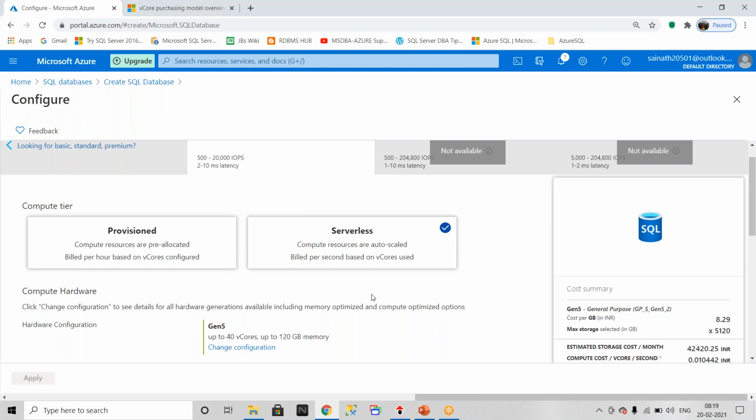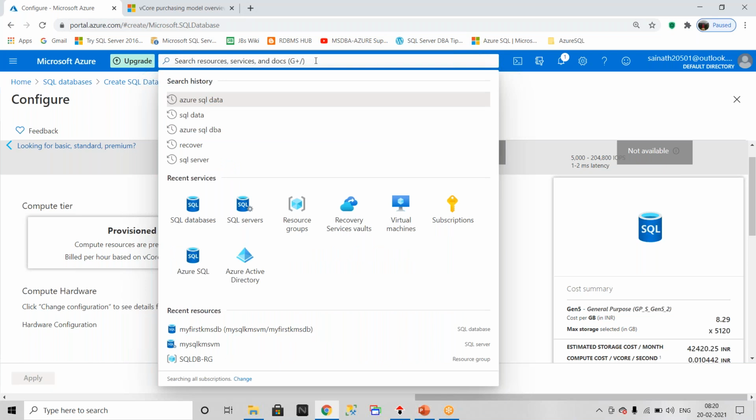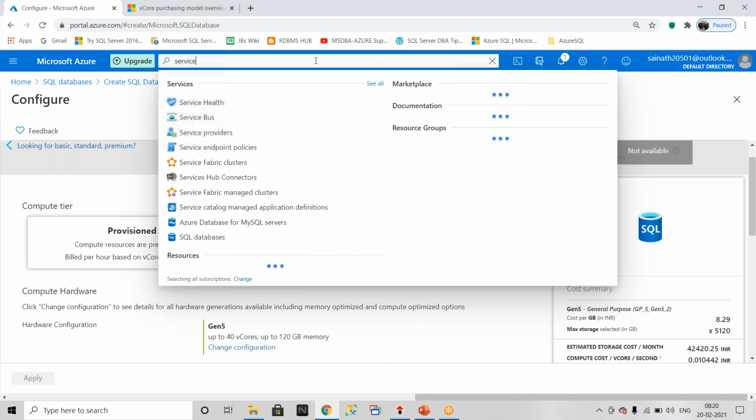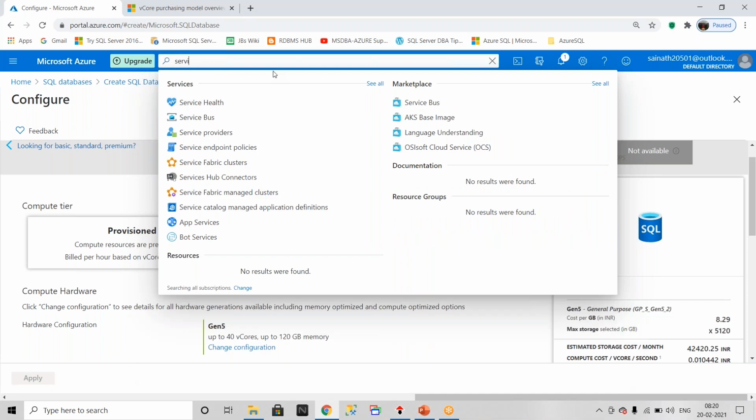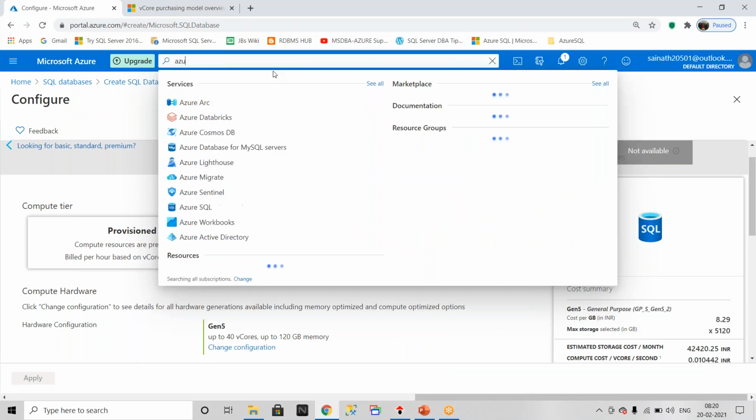But when you go for Azure SQL especially, let me show you. One second, sir.